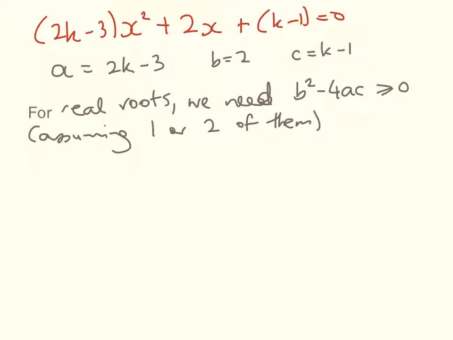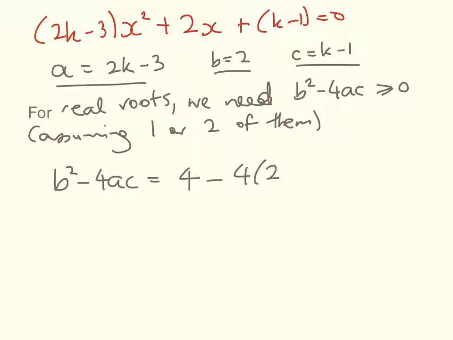Okay, so we're going to now substitute in these values and work out b squared minus 4ac. So that's going to be 2 squared, minus 4 times 2k minus 3 times k minus 1. And we want that to be greater than or equal to 0.